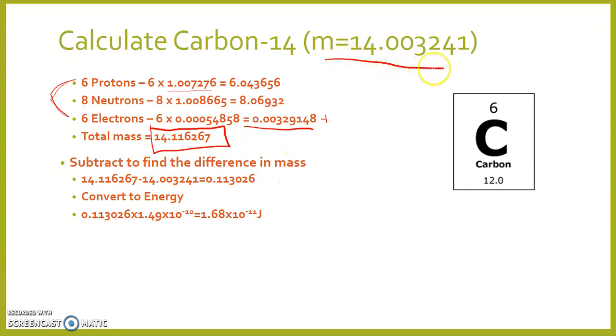We subtract what's given to us in the problem from what we calculated, and we should get 0.113026. Now we convert it to energy by using that equation that we talked about. The standard here is 1.49 times 10 to the negative 10th, and we should get 1.68 times 10 to the negative 11th.